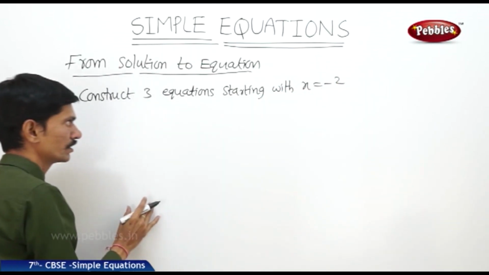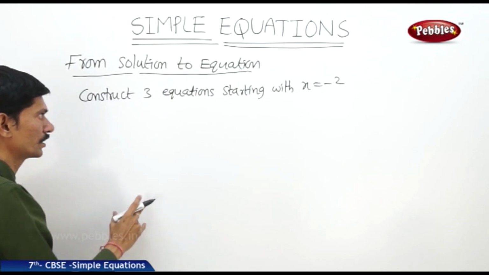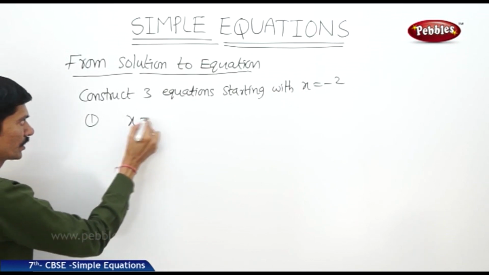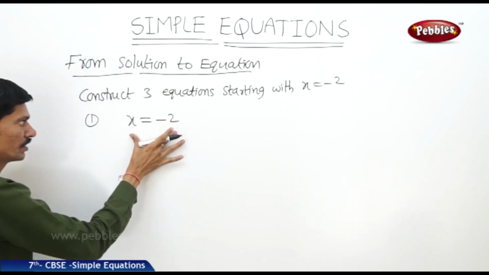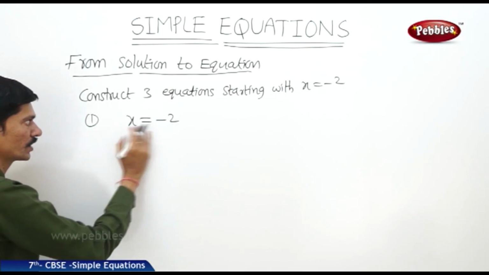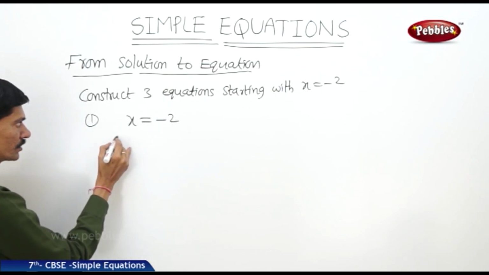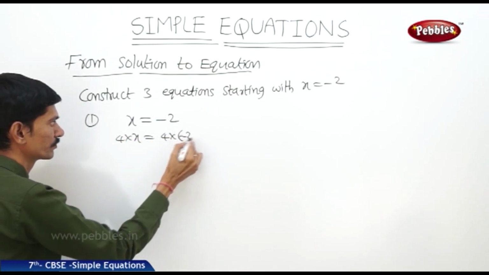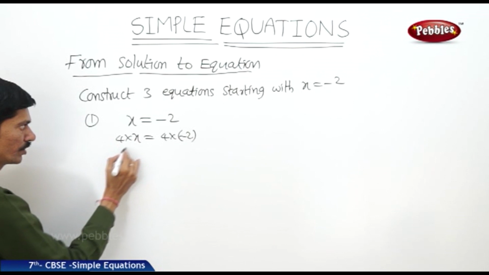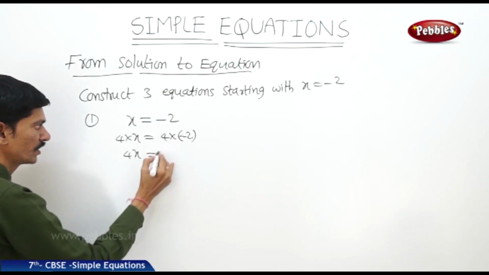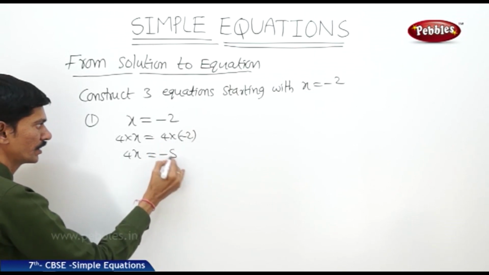Now starting with x equals minus 2, we should construct 3 equations. The first one: let us take x equals minus 2, which means it is the solution of that equation. Now multiply on both sides by 4. Then we get 4 into x equals 4 into minus 2. 4 into x is 4x equals 4 into minus 2, that is minus 8.